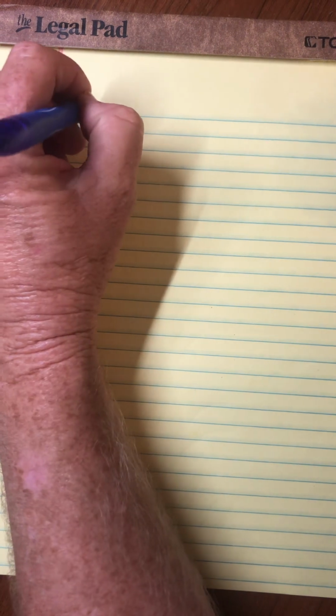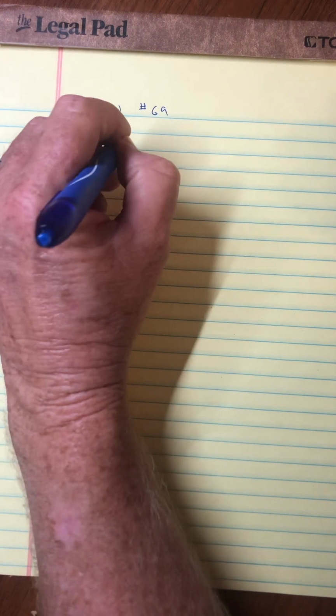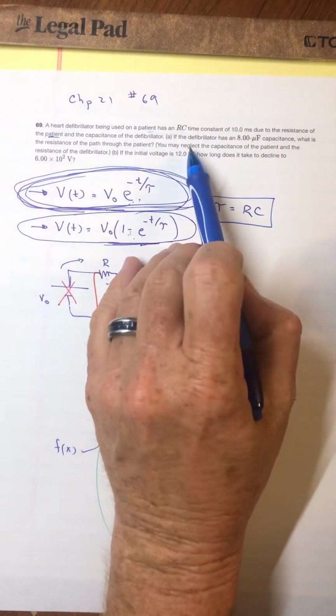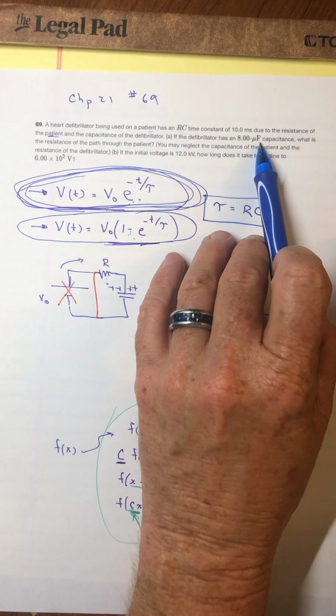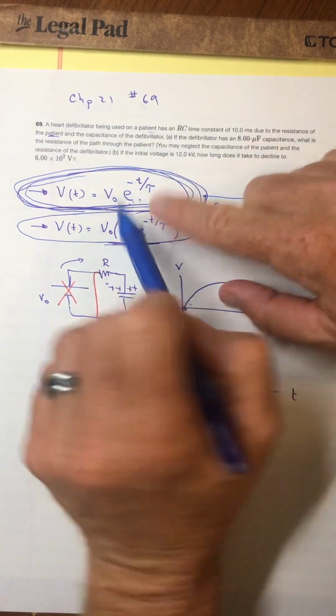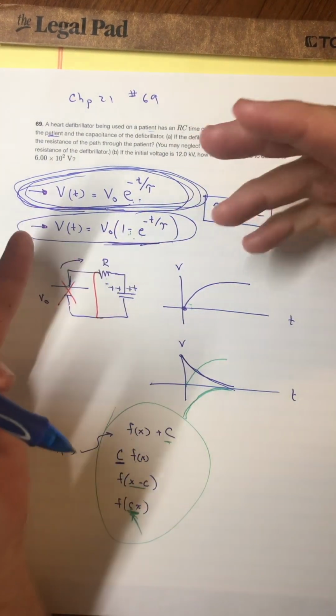That's my clue. All right, so let me get this mess out of the way and actually then dive into the problem here. So part A, maybe I'll just put here, chapter 21, number 69. I have this time constant equals RC. And so the question says here, if the defibrillator has an 8 microfarad capacitor. Now, that kind of helps to know the physical picture of what's going on in our defibrillator.